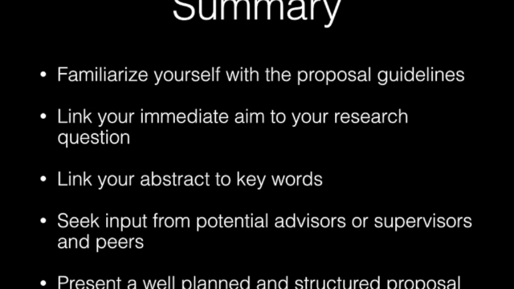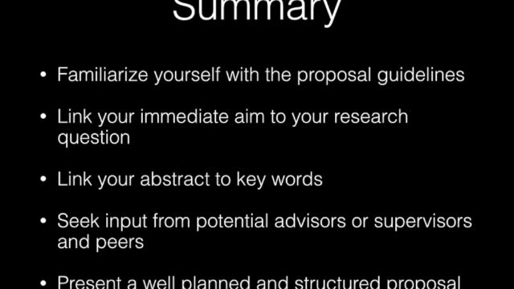So in summary, when you're writing a research proposal, first of all, make sure you know what the guidelines are. Print them out, have them on your desk, get a highlighter pen, get some sticky notes, make sure that you know what is expected. Ensure that you've got some sort of congruency throughout your proposal. Make sure that there's that link. Remember that diagram.